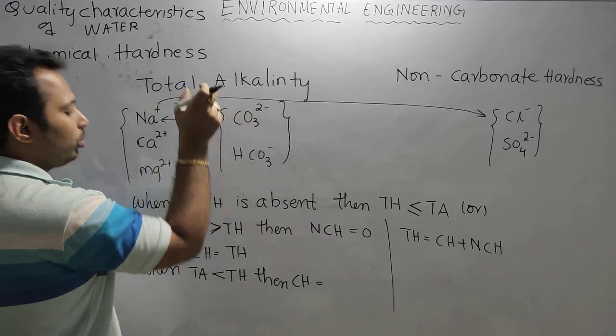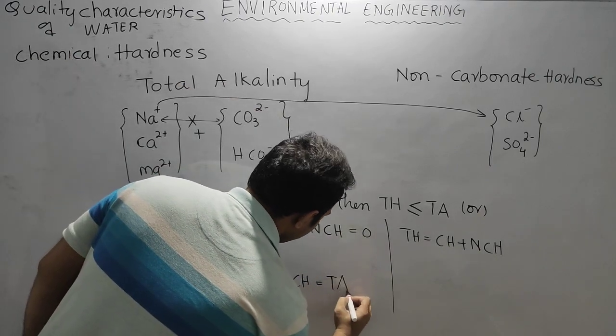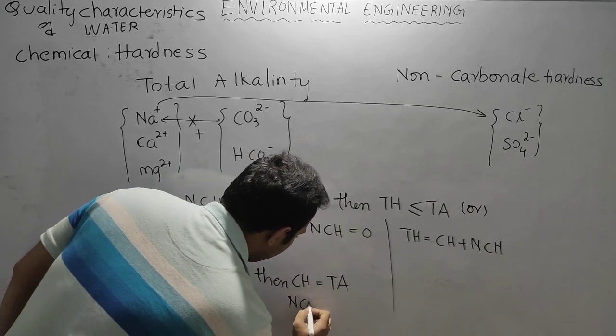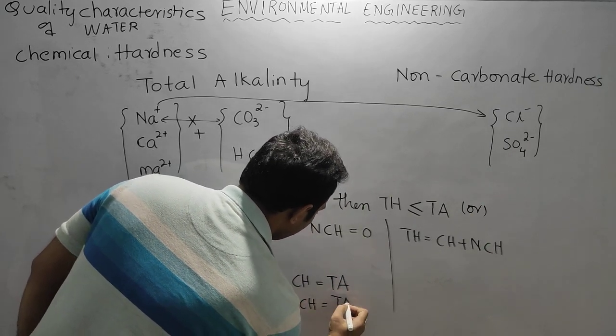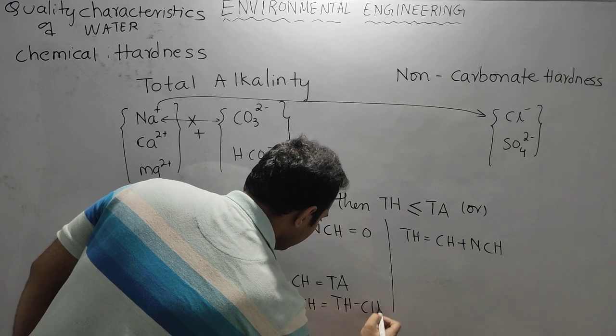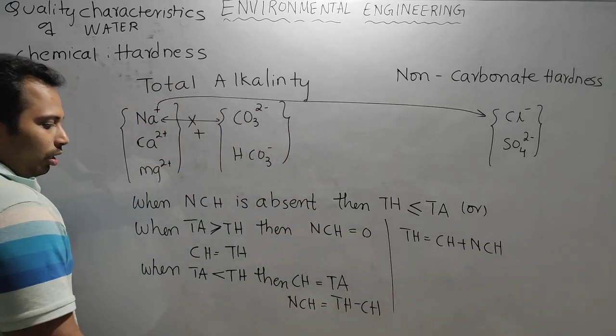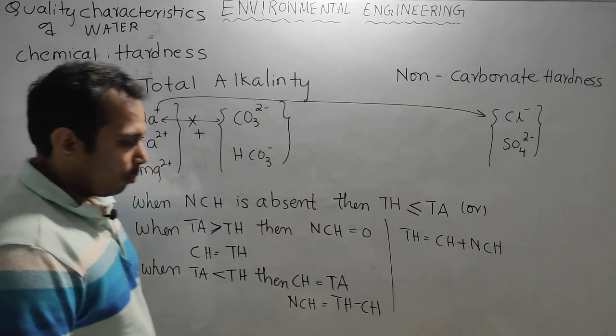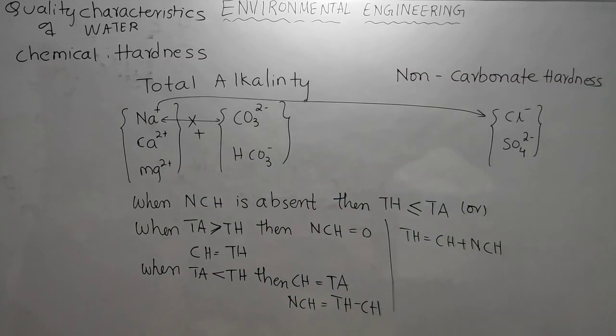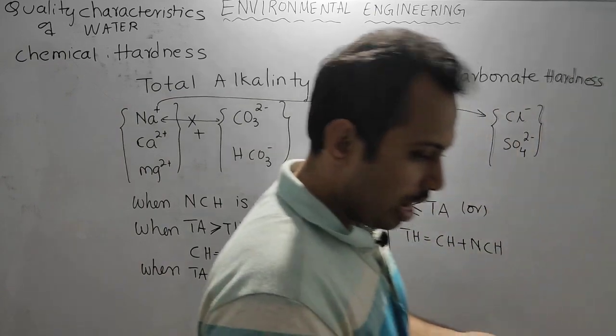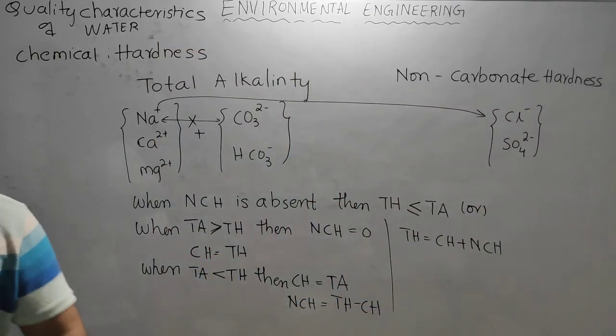Carbonate hardness is equal to total alkalinity, and non-carbonate hardness is equal to total hardness minus carbonate hardness. Very, very important. These relations are very, very important for the examination. So non-carbonate hardness is equal to total hardness minus carbonate hardness.